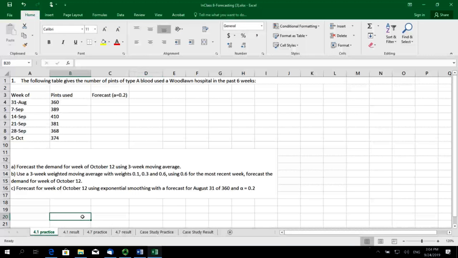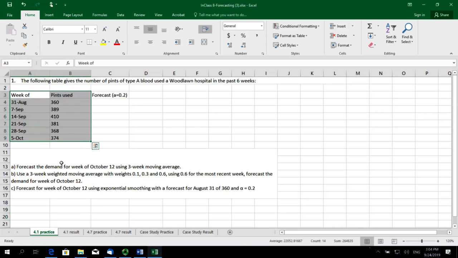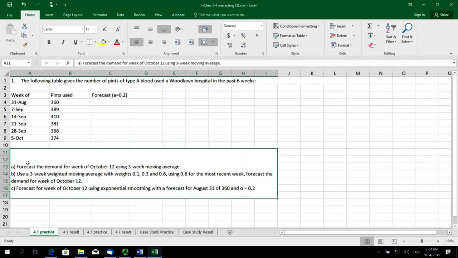Here, this is the first one. The following table gives the number of pints of type A blood used in a hospital in the past 6 weeks. So these are the given data. The first question is to forecast the demand for the week of October 12 using a 3-week moving average.